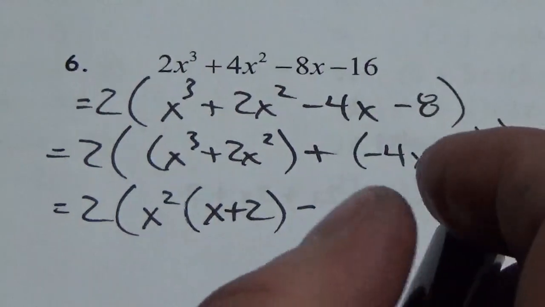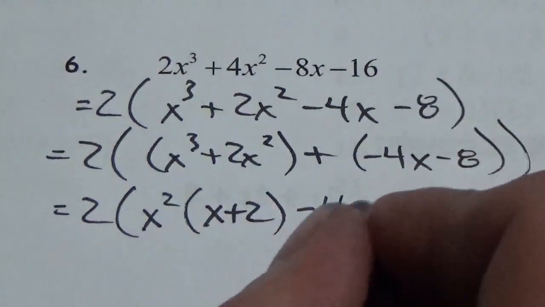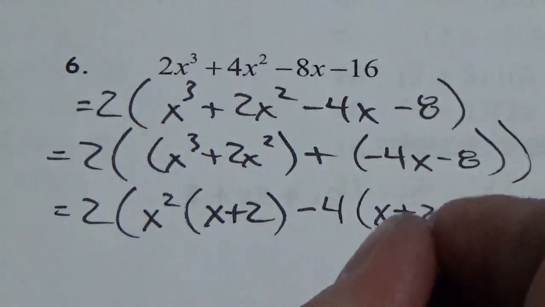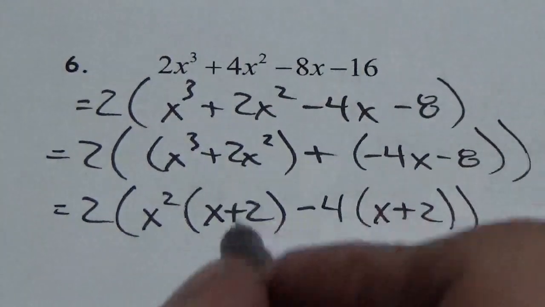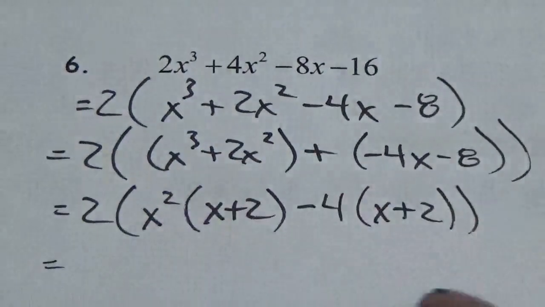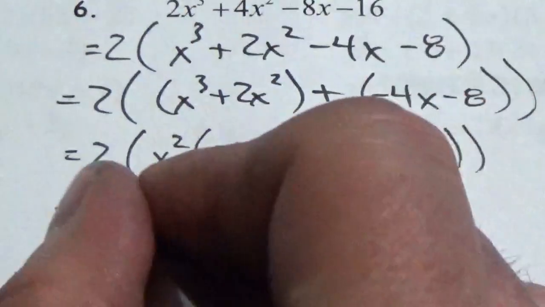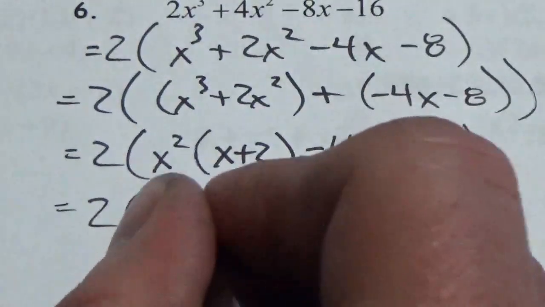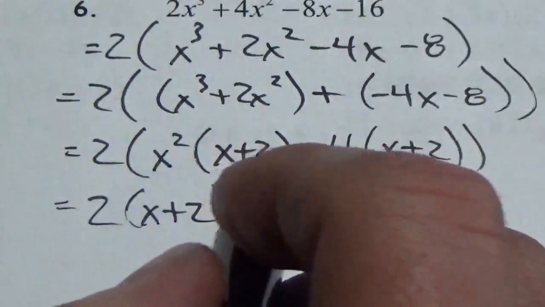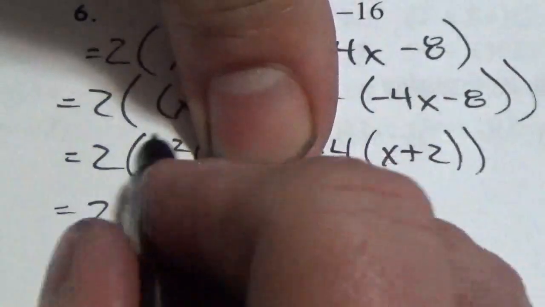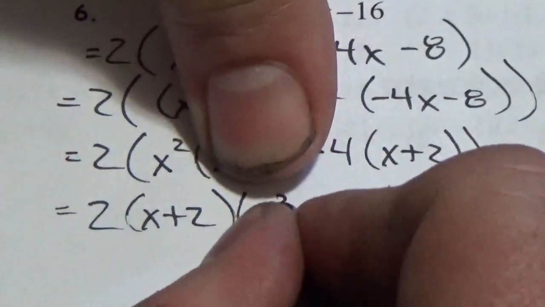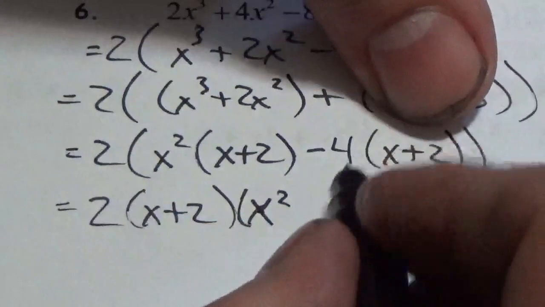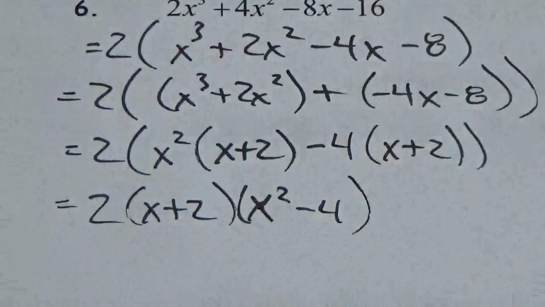And then I've got a common factor of 4 there, so I'll take out the negative 4, and that'll leave me with an x plus 2. Okay, so I've got this 2 out front, and then I've got this x plus 2 that was distributed. Now let's see what it was distributed to. It was distributed with an x squared, and then a negative 4. And there we go.